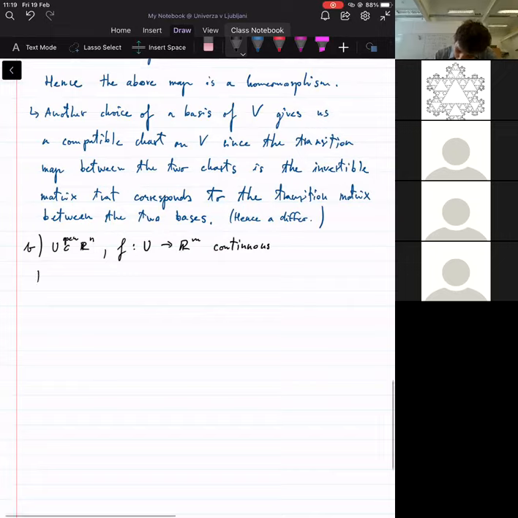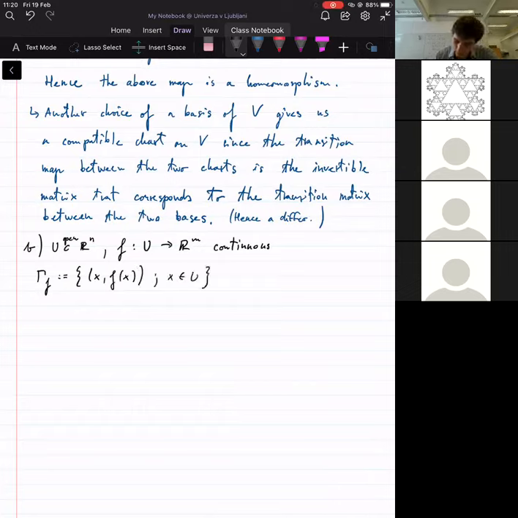We define the graph of the function f as the set of all pairs (x, f(x)) for x from U. This is now a subspace of U times R^n.